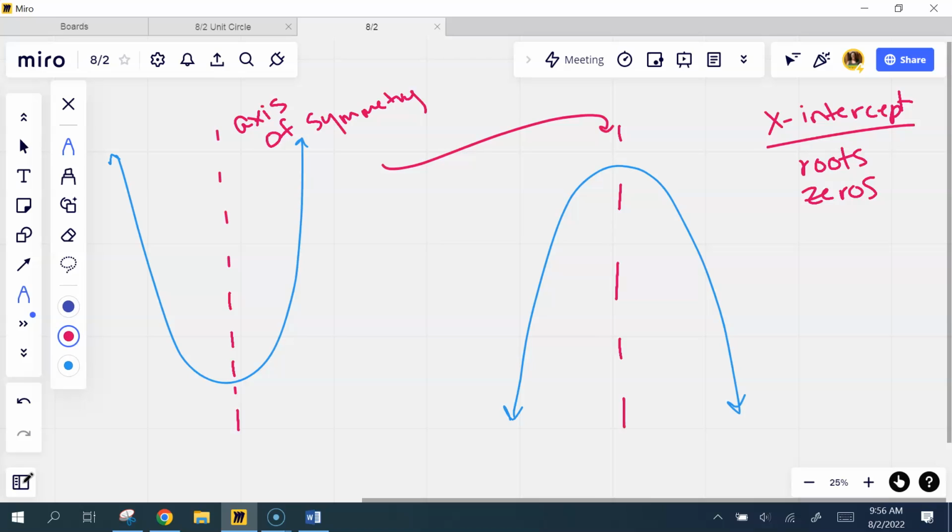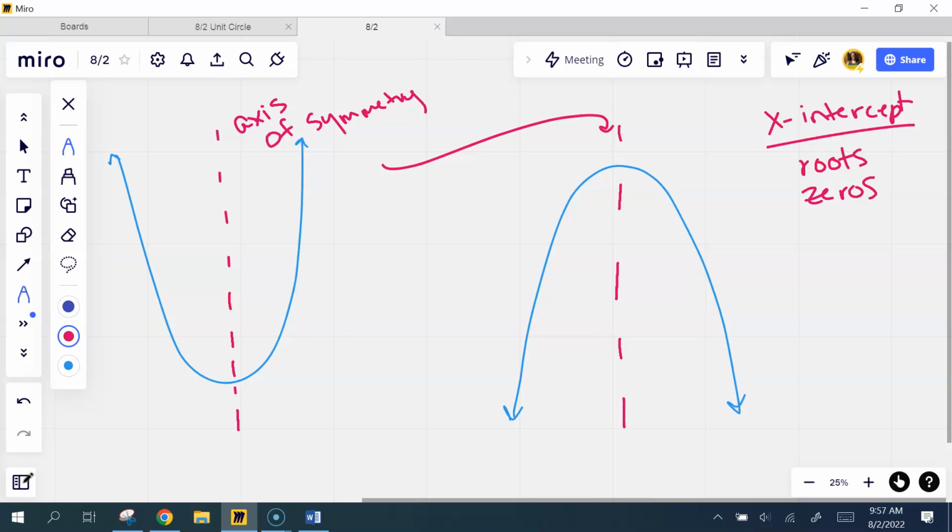Why might we call them zeros? What's 0 on an x-intercept? The y. So if I'm looking at an x-intercept, the y is always 0. If I'm looking at a y-intercept, then the x is always 0.